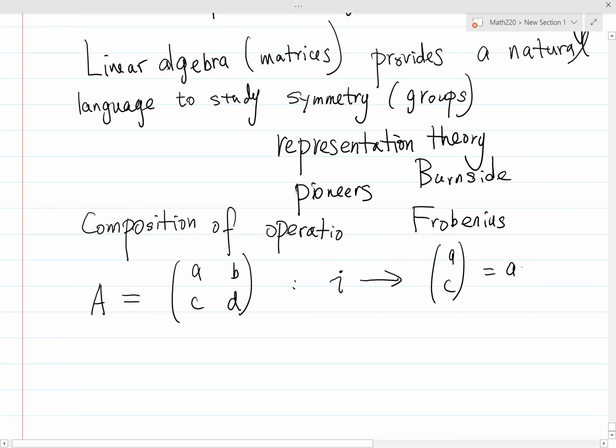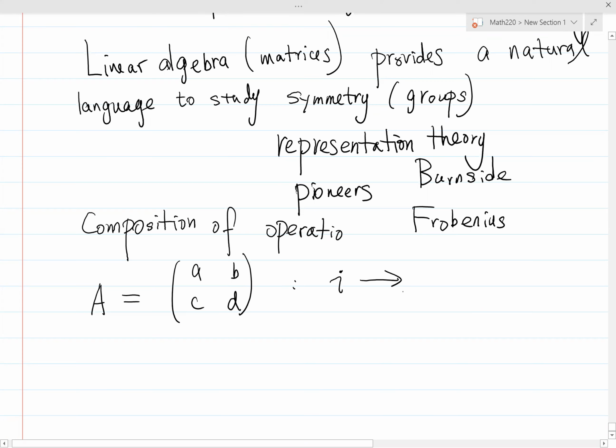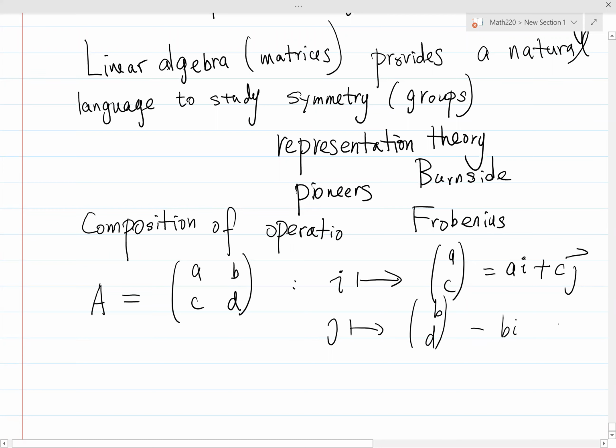The first component corresponds to a i, the second corresponds to c j. Now j is mapped to the second column vector, which is b i plus d j.